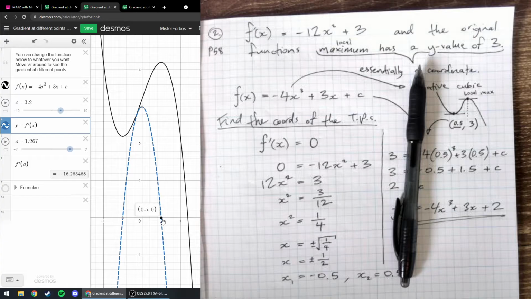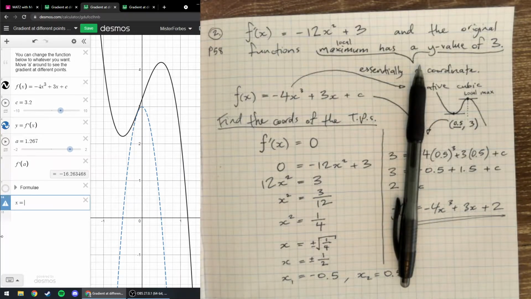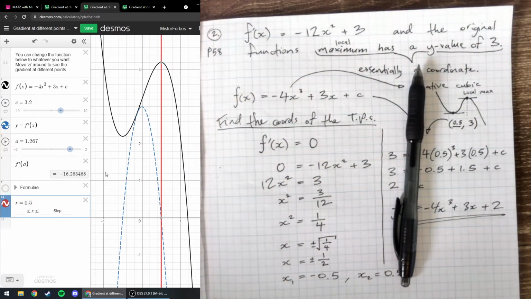By substituting 0 into the derivative, we found negative 0.5 and positive 0.5. We worked out that this one had to be our local maximum because it was a negative cubic, and the local maximum happens after the local minimum. So we then knew that it was at the x value of 0.5.